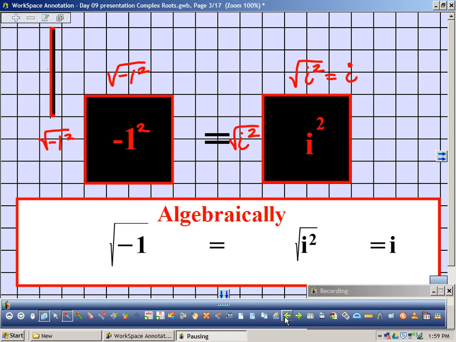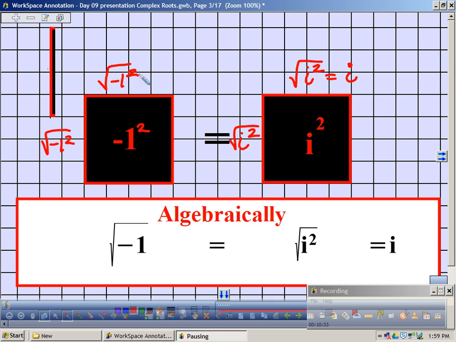The reason is because if I were to leave it like this, negative 1 squared times negative 1 squared, the square root of that is negative 1 and negative 1. But what's negative 1 times negative 1, Philip? Positive 1.